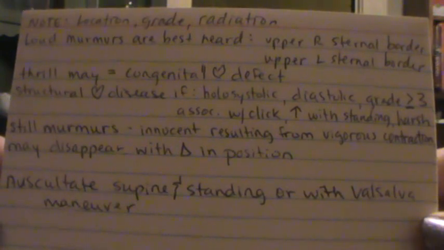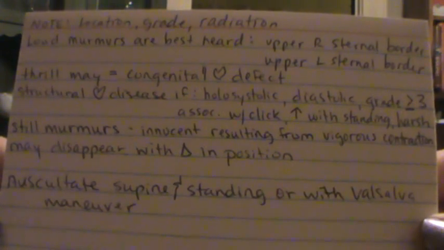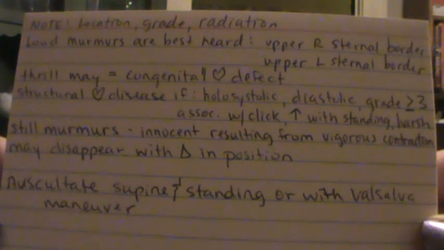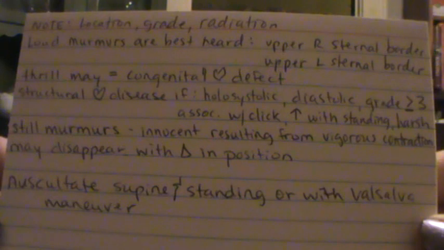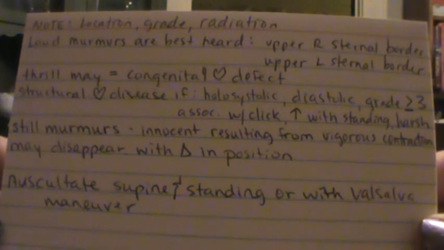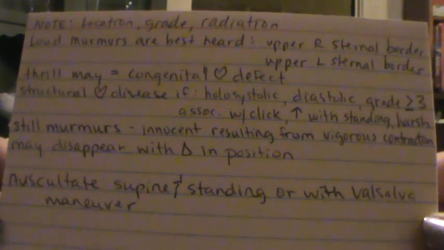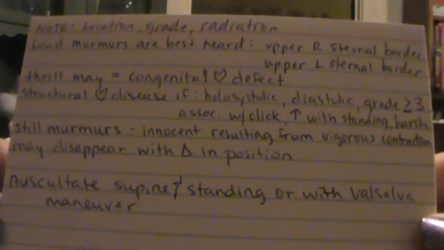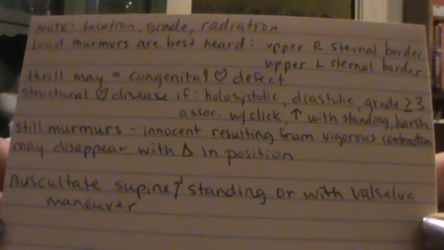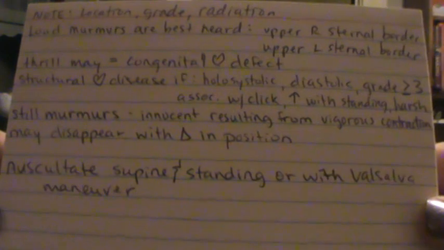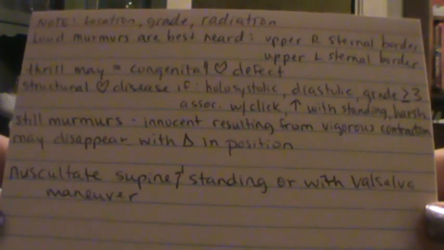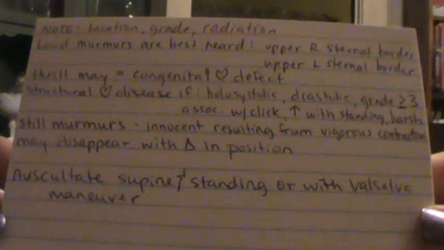Structural heart disease may be present if they have a holosystolic, diastolic, grade greater than 3 murmur associated with a click. It increases with standing or is a harsh murmur. Still murmurs are innocent murmurs that are resulting from vigorous contractions. They may disappear with changes in position. Remember that you should auscultate supine and standing or with a Valsalva maneuver.